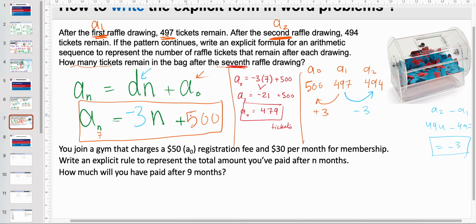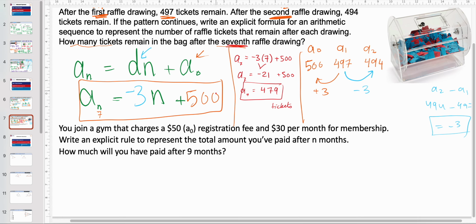You join a gym that charges $50, and they said it's a0. Perfect, we don't have to find a0, as a registration fee, and 30 per month. Now in sequences, per is a rate, and a rate in sequences is the amount that is applying every single time.